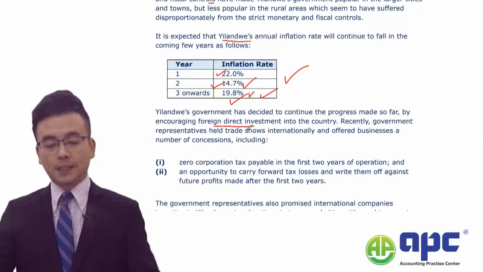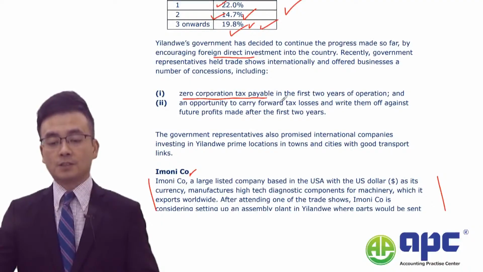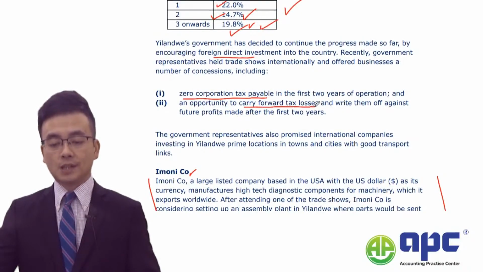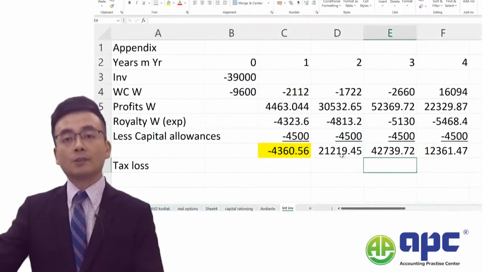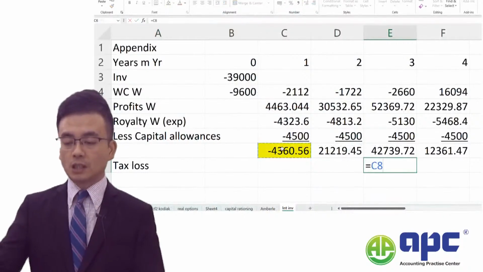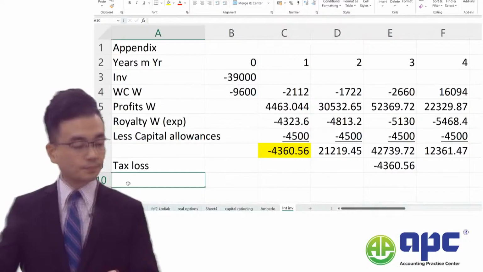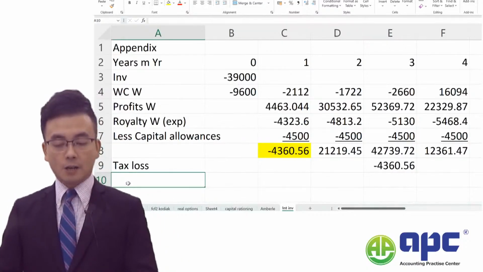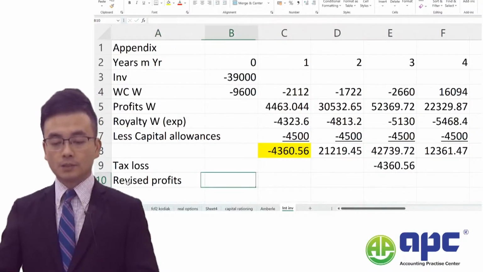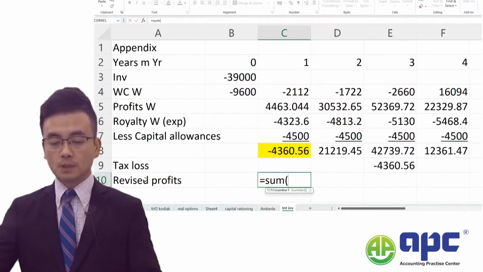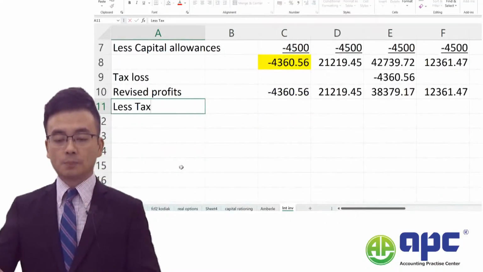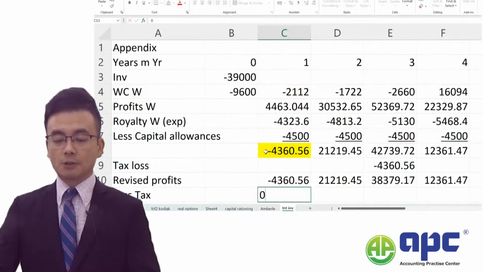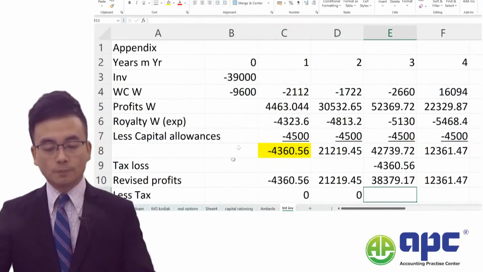But at the very beginning we're told about a zero tax rate for the first 2 years, and we can carry forward tax losses after the first 2 years. So the tax losses can be used only from year 3 onwards. We can use the tax loss here, so we calculate the revised profit, which equals the sum of these. Then we calculate the tax. For the first 2 years it will be a zero tax rate, so no taxes at all.